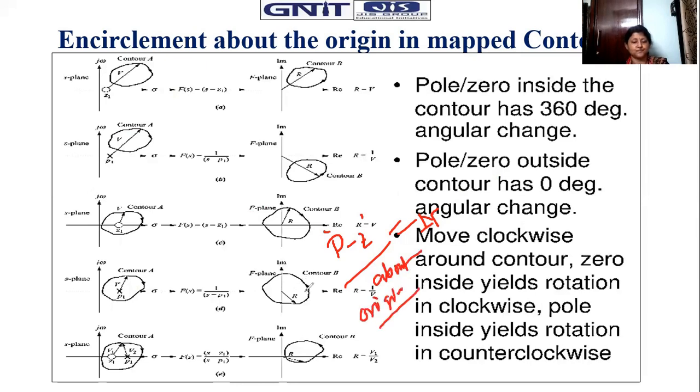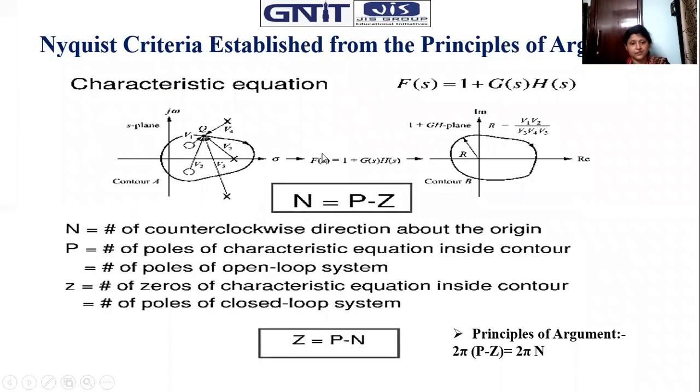Pole is making the angle 2 pi, zero is making the angle 2 pi, if we consider only a point. But why are we considering poles and zeros and their existence in the system, where zeros are in the numerator and poles are in the denominator? So zero is contributing minus 2 pi and pole is contributing plus 2 pi. What will be the total angle contributed by the system?